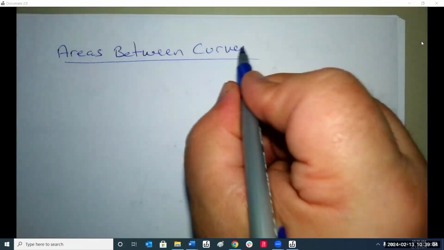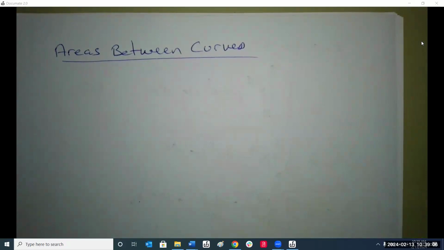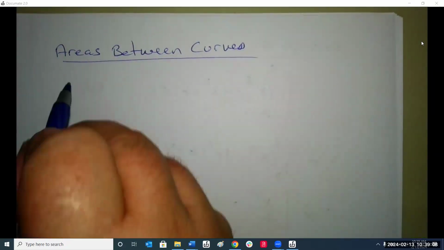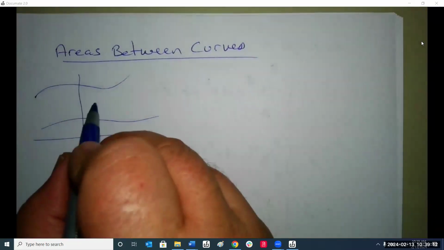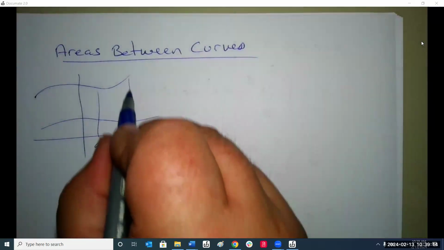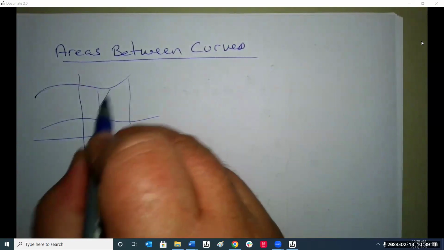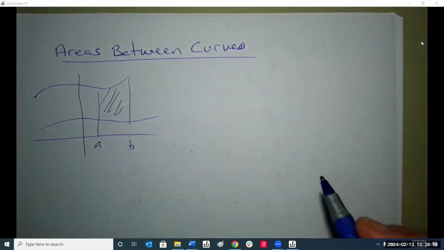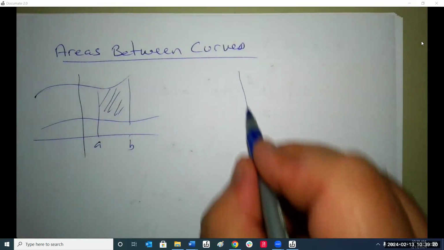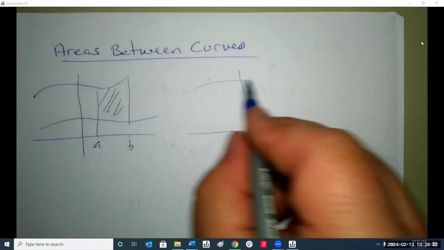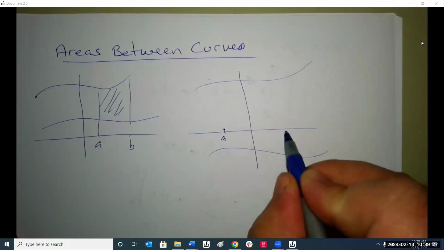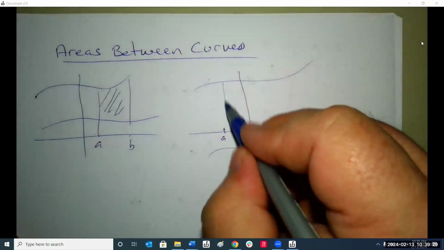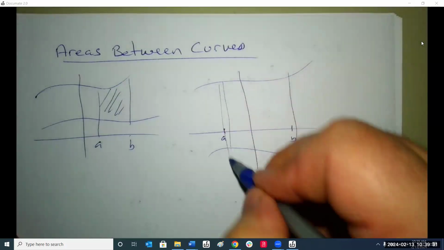Now, let's pretend we have two separate functions. They could both be on the same side, and we have our A and our B, and we look for the area between there. Or from A to B, we're looking for this entire area.